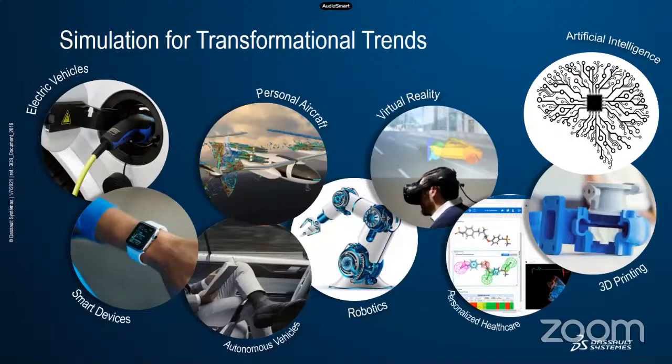We have a lot of applications, for example, 3D printing. 3D printing became popular currently because it can manufacture some of the complex forms which are not possible in traditional conventional manufacturing techniques.